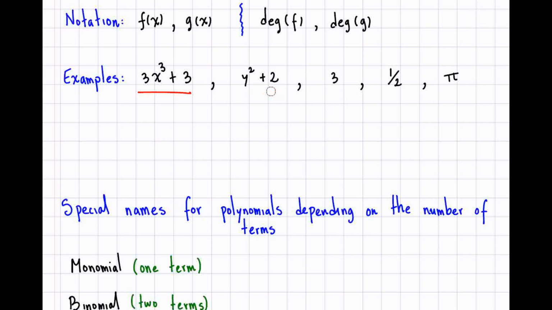But there is something strange. Note that one of the terms in each example is a lonely number. It seems that it is not multiplied by a power of the variable.